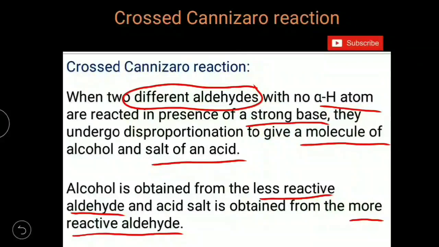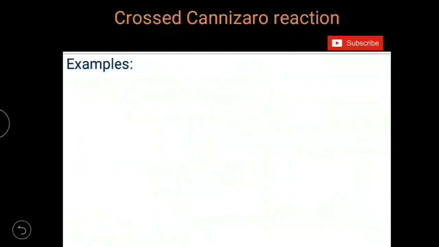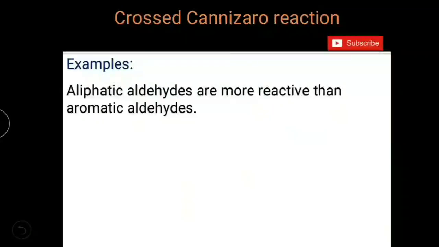So out of these two different aldehydes, whichever is less reactive will be converted into alcohol and more reactive will be converted into the salt of carboxylic acid. For example, aliphatic aldehydes and aromatic aldehydes. Out of these two, aliphatic aldehydes are more reactive than aromatic aldehydes.